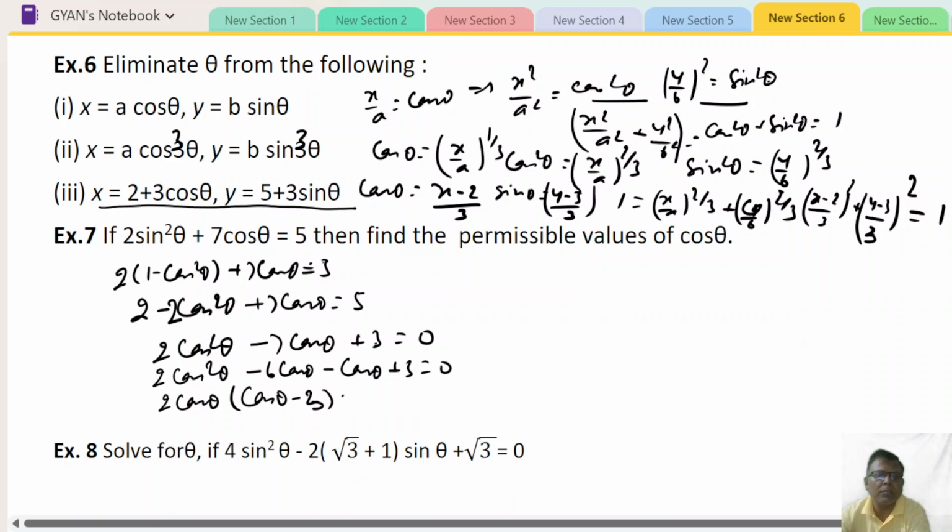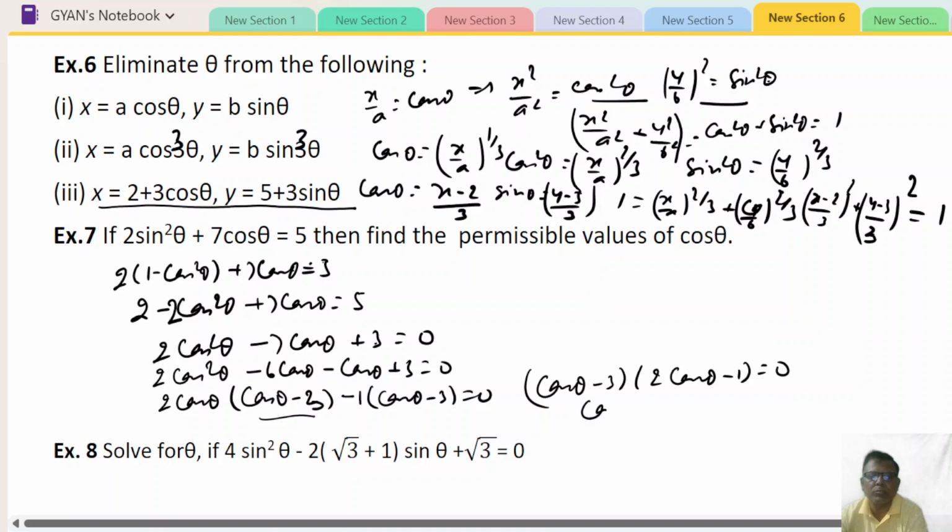And here you take minus 1 common, then cos theta minus 3 is equal to 0. So from here you take cos theta minus 3 common, cos theta minus 3, then it will be 2 cos theta minus 1 is equal to 0. So now cos theta is equal to 3 and cos theta is equal to 1 by 2.